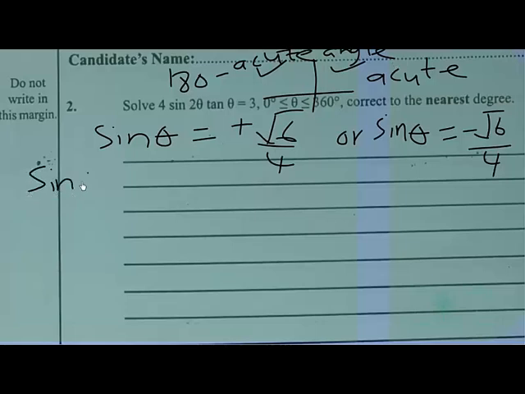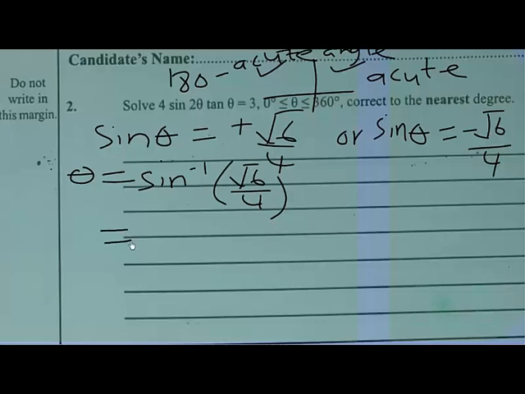So theta will be equal to sine inverse of positive root 6 over 4, and that is equal to 37.761 degrees, or 38 degrees to the nearest whole number.